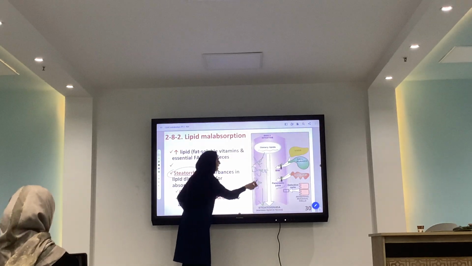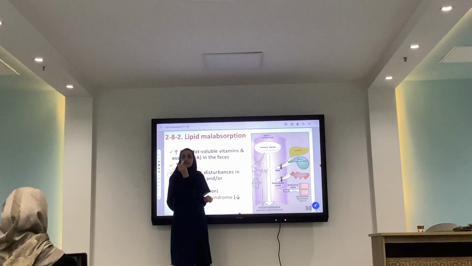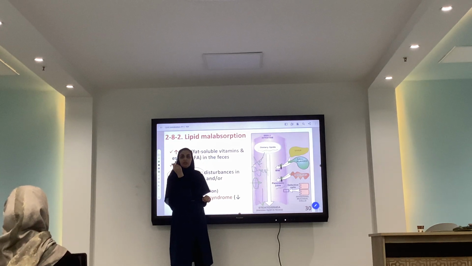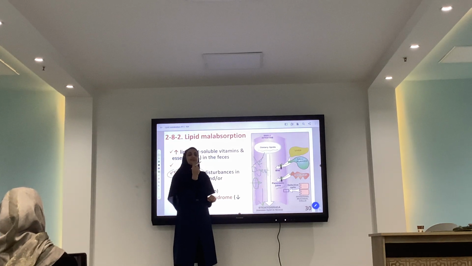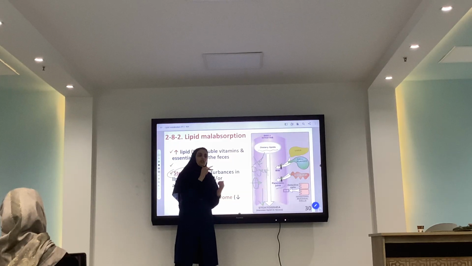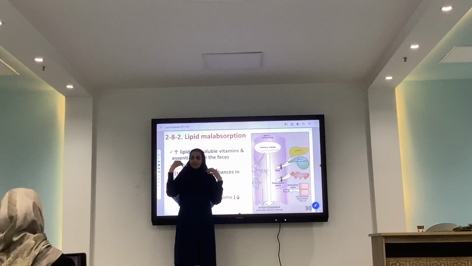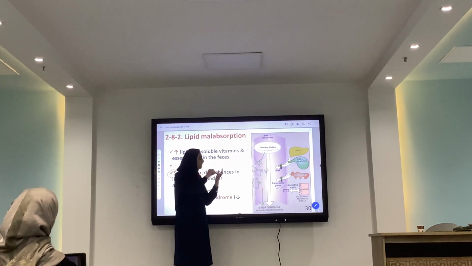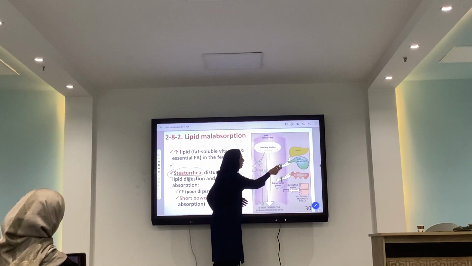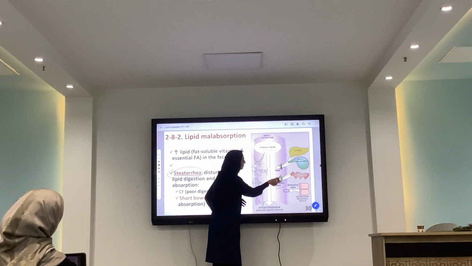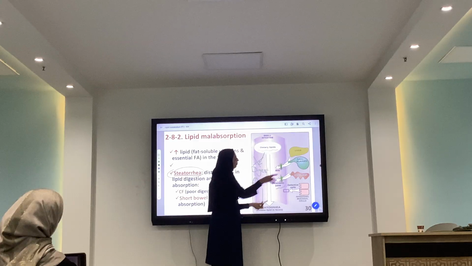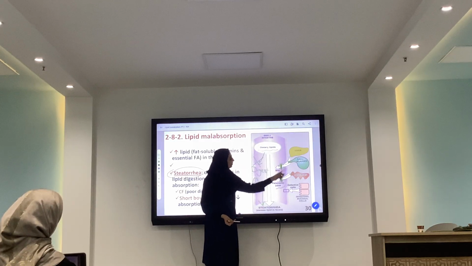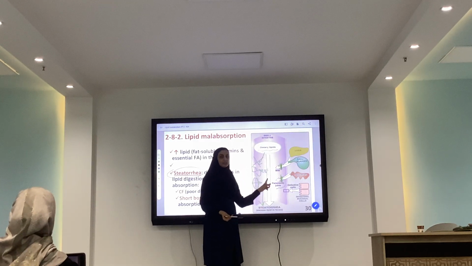The mucosal area is sticky and concentrated. When it is concentrated, it is a good place for accumulation of bacteria and respiratory infection. On the other hand, blockage occurs for the secretion of gallbladder and pancreas contents.